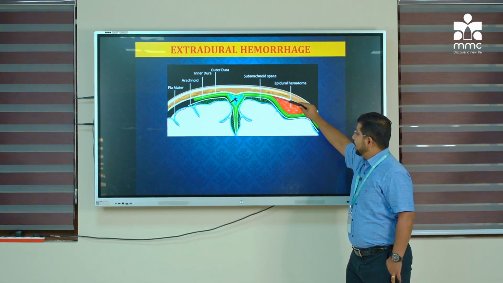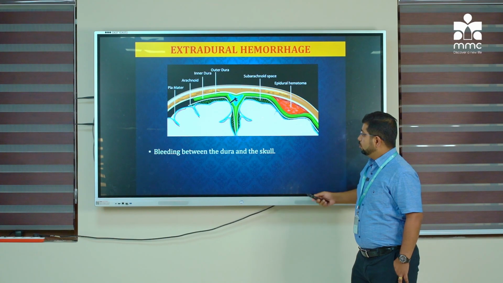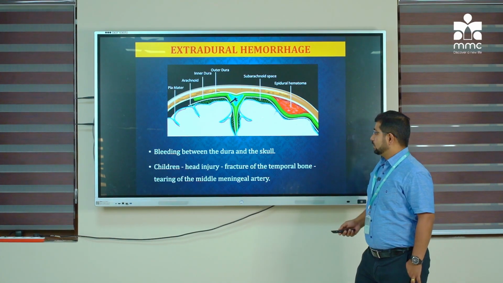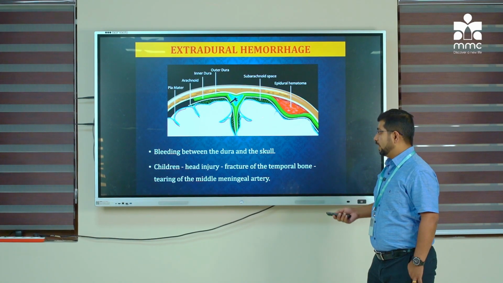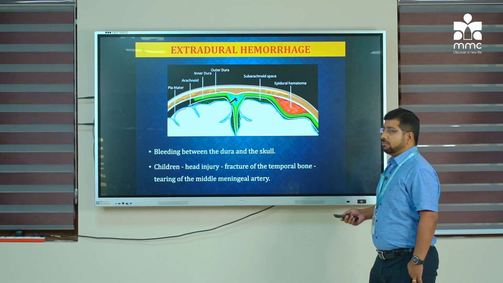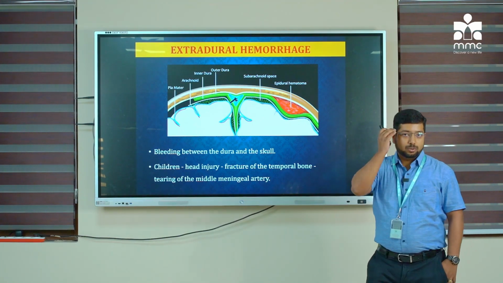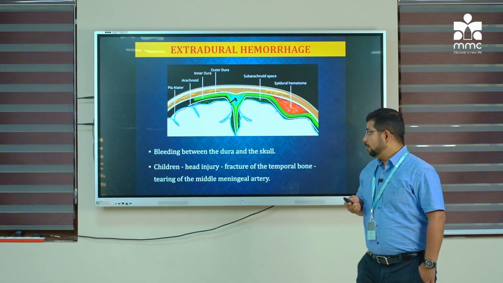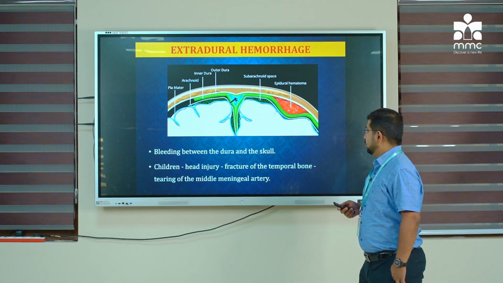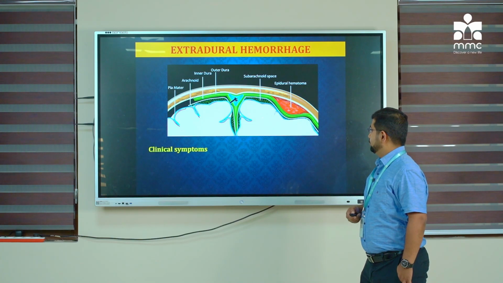Usually it occurs in children or young adults, with fracture of the temporal bone. There is a middle meningeal artery coming over here. That blood vessel ruptures, and this causes a hemorrhage called the extradural hemorrhage.